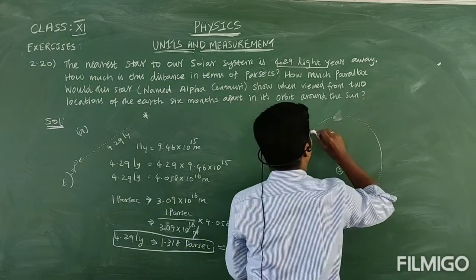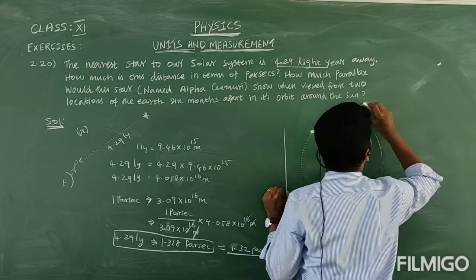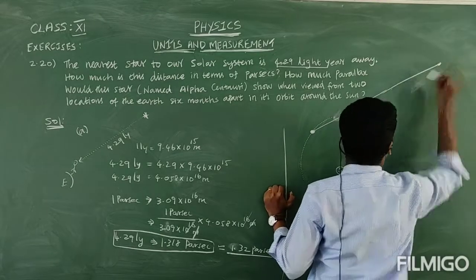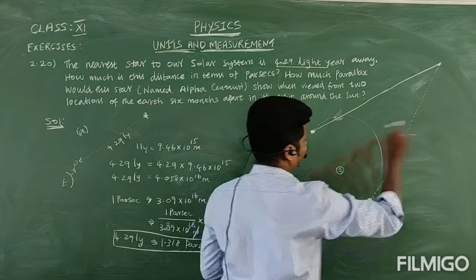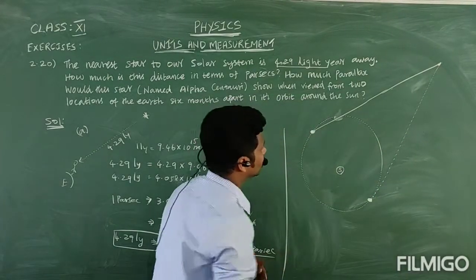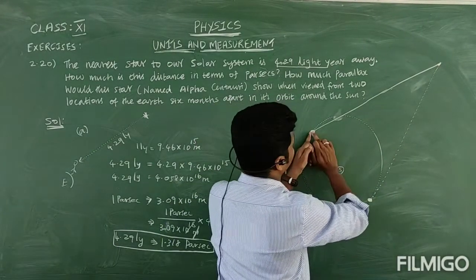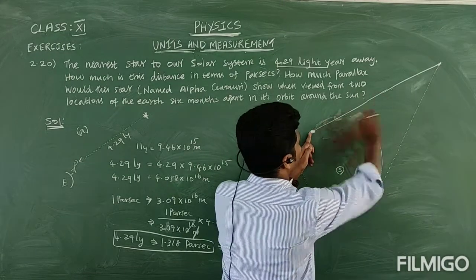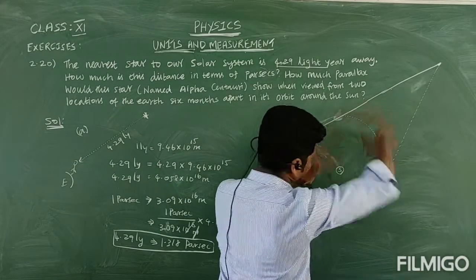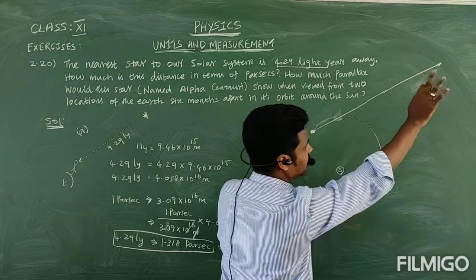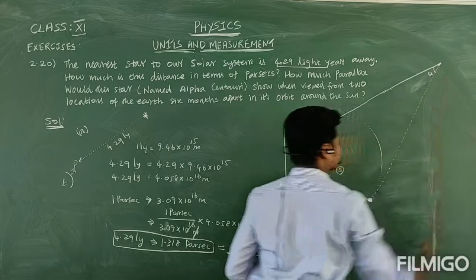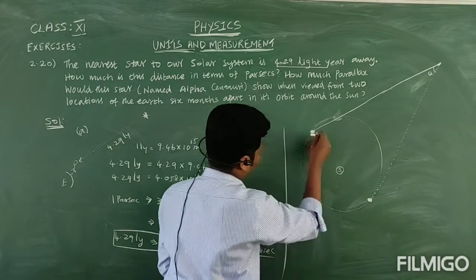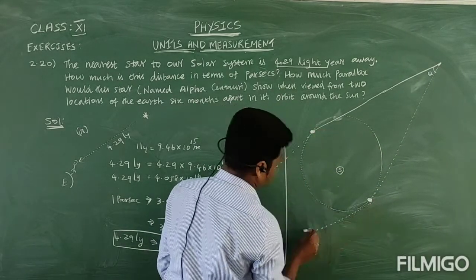This is the first view from here approximately, and after 6 months there is one more view. So this is the angle theta. Now what is this distance?